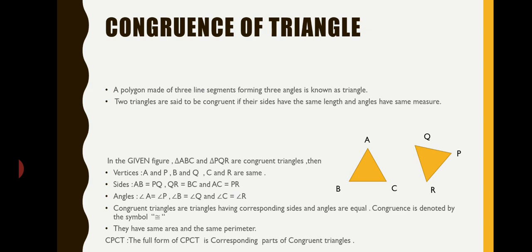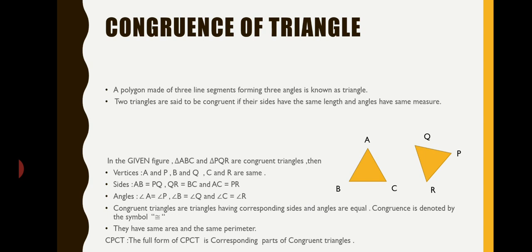So A, the first one, and P, the first one of the second triangle, are corresponding to each other. So vertices A and P, B and Q, C and R are corresponding.